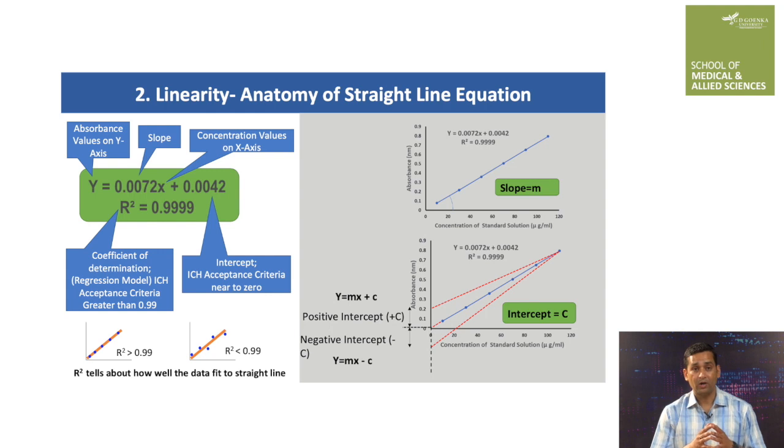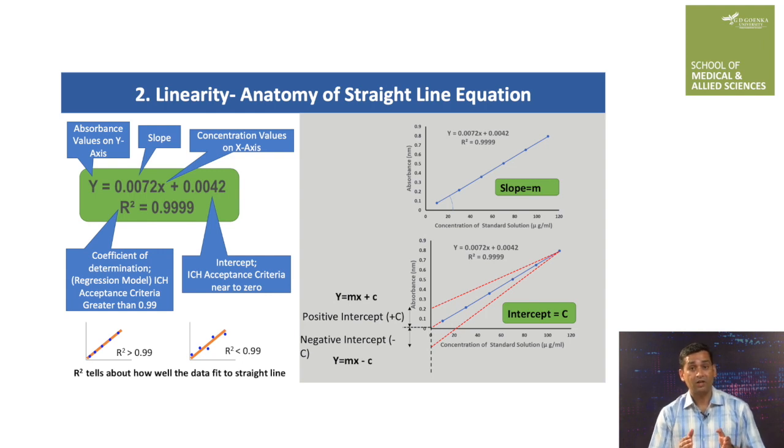The next component in this equation is 0.0042, which represents the intercept or c. Intercept, in a very simple way, is the place where the straight line touches the y-axis. If it touches the y-axis above the x-axis, the intercept holds a positive sign, meaning plus c.